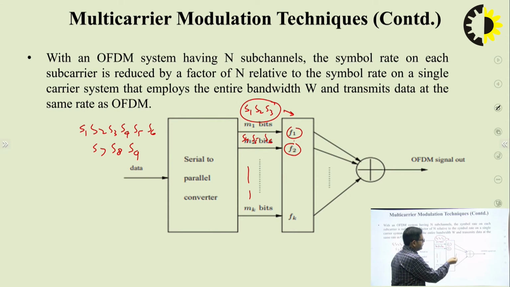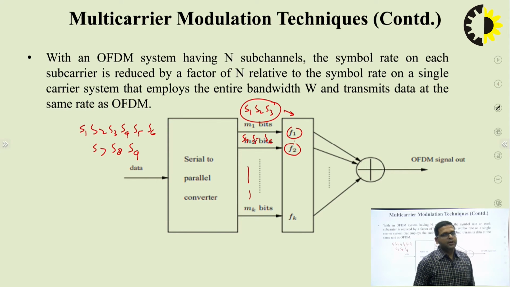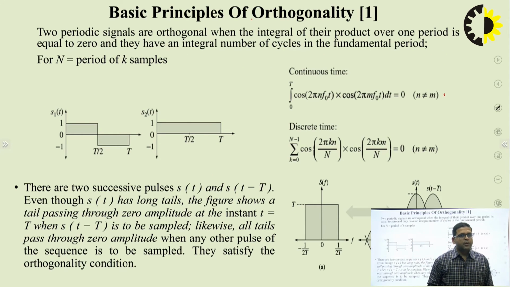After applying different orthogonal frequencies, we combine them and we will get an orthogonal frequency division multiplexed signal at the output. Now, the concept of orthogonality is demonstrated here. We know that when the dot product of two signals is 0, then the signals are orthogonal to each other, like this.